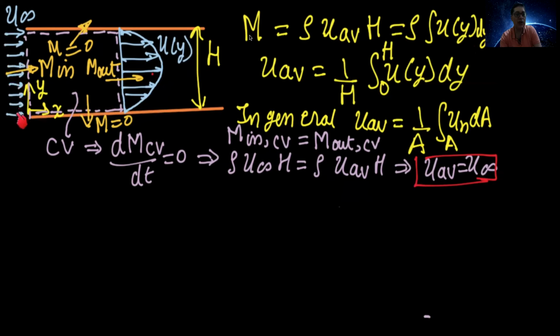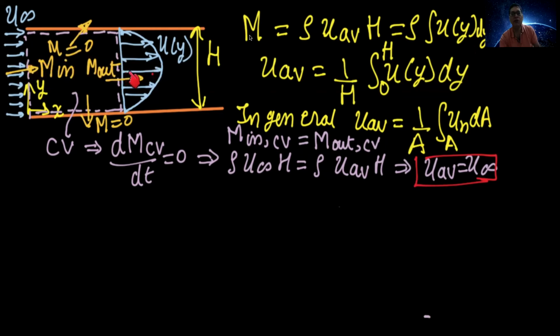So here note that the velocity near the wall as well as away from the wall is the same. Whereas in this case, it is increasing from a 0 value to a certain value. And when you need the average velocity of this equal to the inlet velocity, then the center line velocity has to increase to make sure that the integral of u dy is equal to u infinity into h.